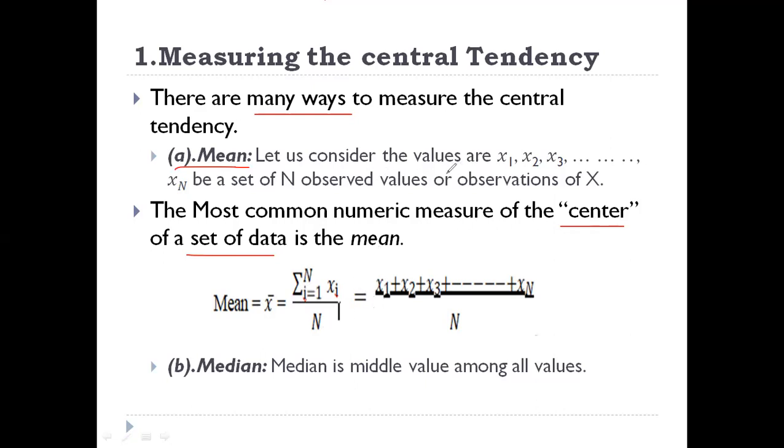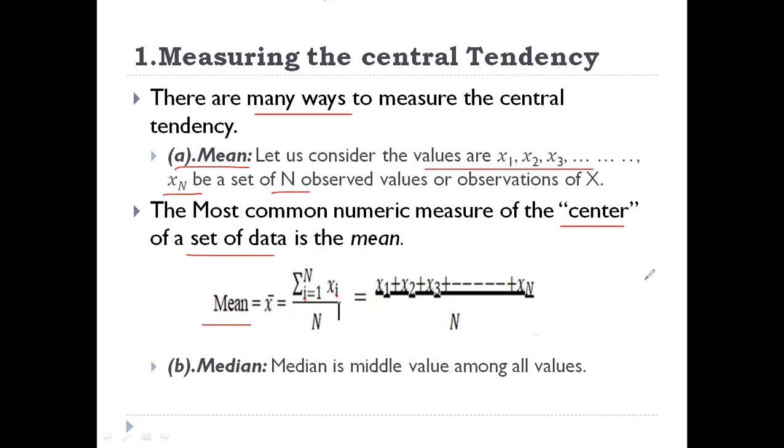Let us consider the given values are x1, x2, x3 and so on up to xn. Here n is the number of observed values. The formula for the mean is x bar equal to the sum from i equal to 1 to n of xi, divided by n. What is xi here?